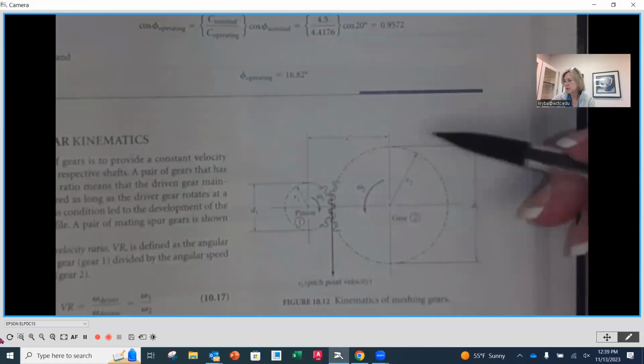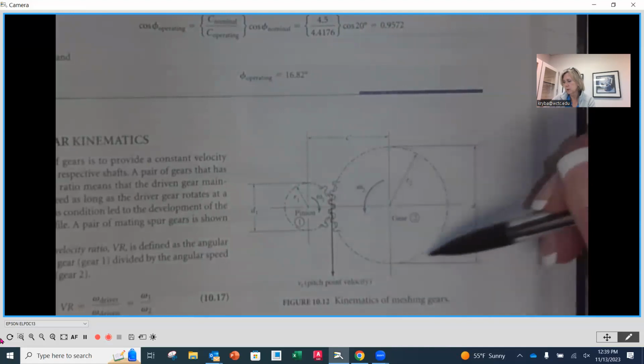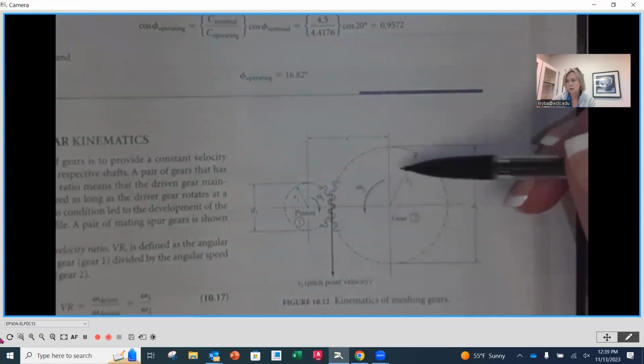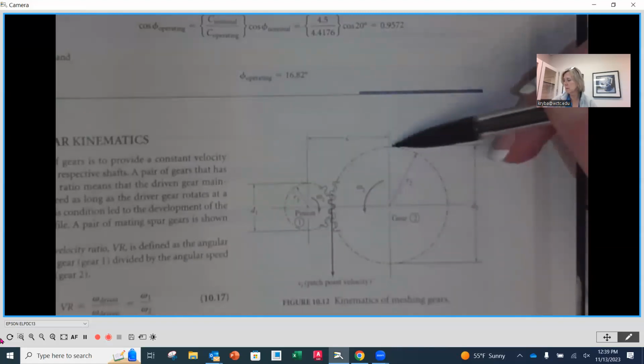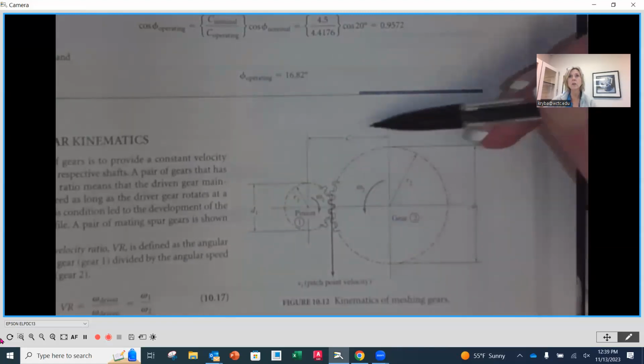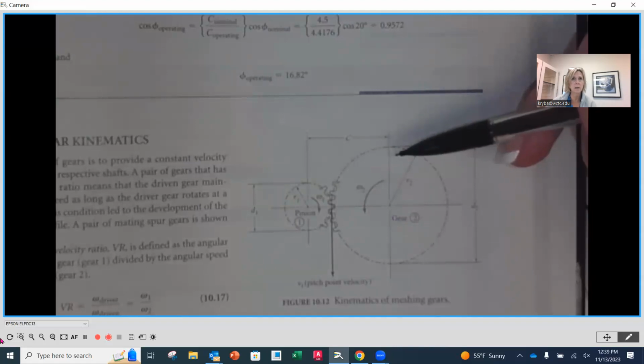Now, pitch diameter is the diameter that's created from the number of teeth at the size that we're calling them out as. So diametral pitch is size of tooth, number of teeth N, and then pitch diameter. The more teeth that we have on the outside, the larger that diameter is going to be.